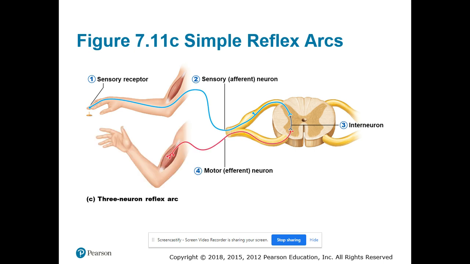That's your interneuron. This goes to your third neuron, which is your motor, and that's going to tell your biceps to flex and pull away. Again, 3-neuron arc because you have sensory, inter, and motor. There's your 3. And then, of course, your bicep is your effector organ.